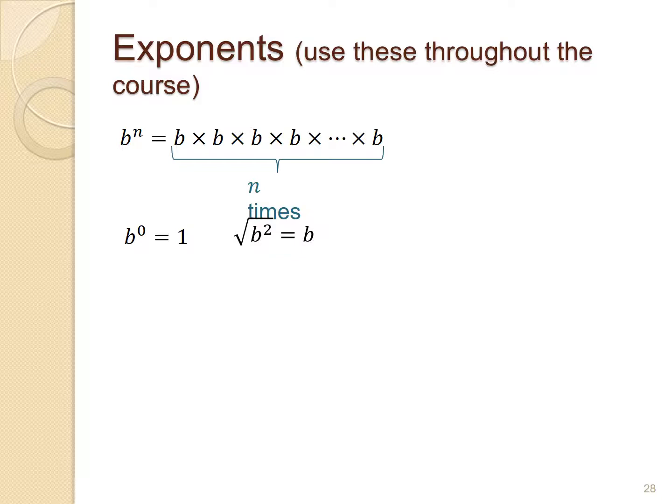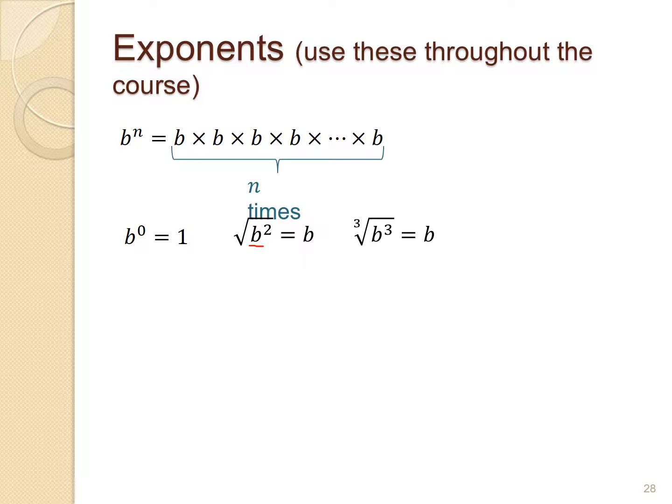So that can be a quick thing to remember. Whatever you have inside of here, if it's squared, you can simply bring out just the b part of it. So if it was 36,872 squared, you don't have to do the math. You just know that it's going to be 36,872 for the answer.